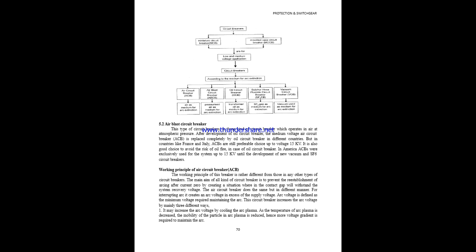Other than that, there are some high voltage conditions, namely sudden disconnection of a huge load. A circuit breaker may also have to face lightning impulses and switching impulses, etc. In such cases, we consider this.